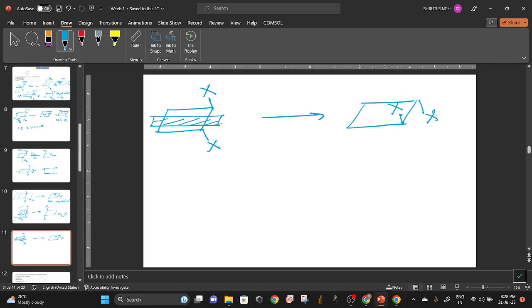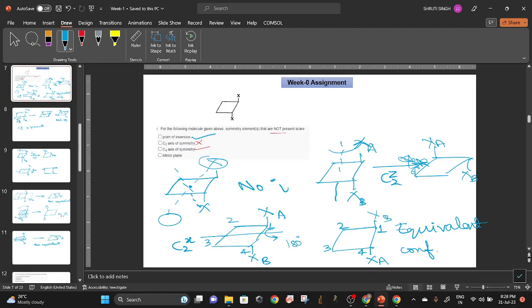So here also the atoms are not changing, like the carbons, but their stereochemistry is changing, so it is also not equivalent. Okay, so we have seen all the planes. So it doesn't have any mirror plane. So this can also be the correct answer. So our three correct options for this question are A, C and D. Option 2 is not correct because the molecule possesses a C2 axis of symmetry.